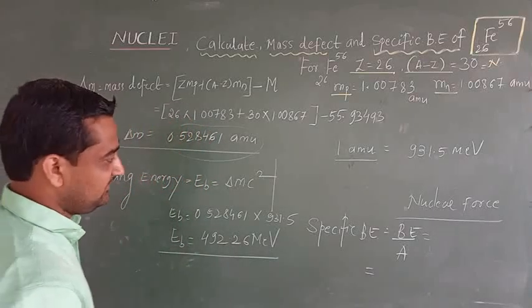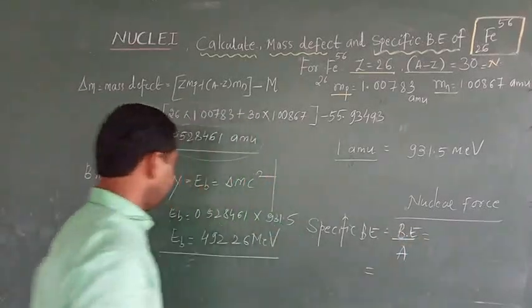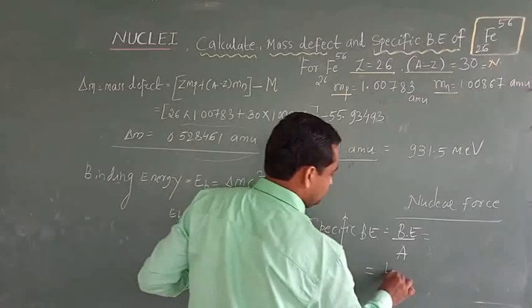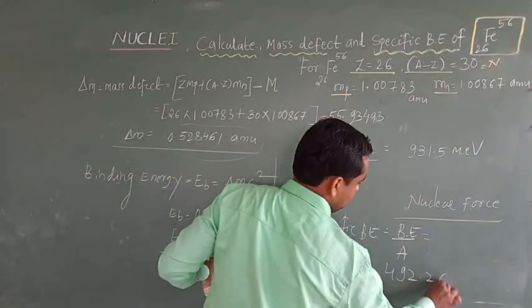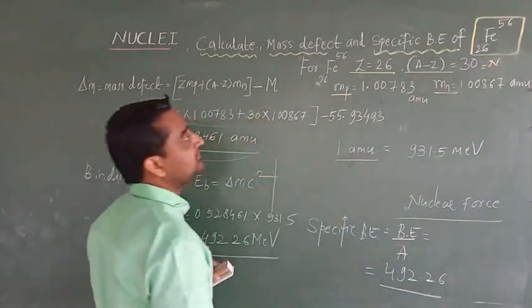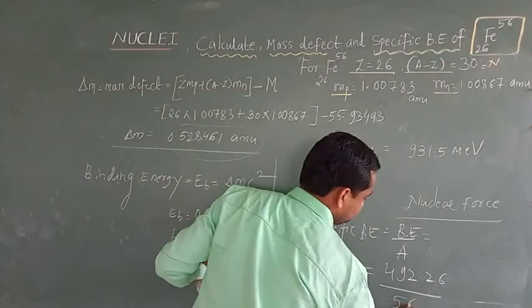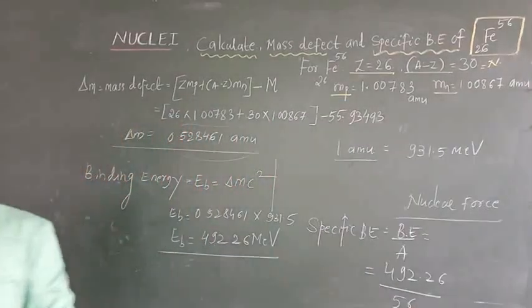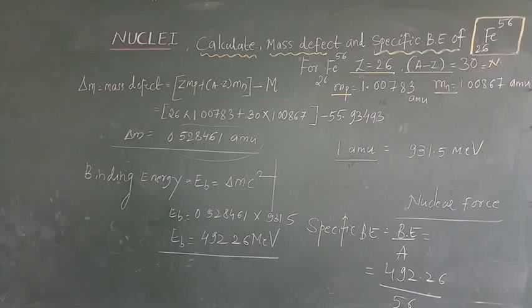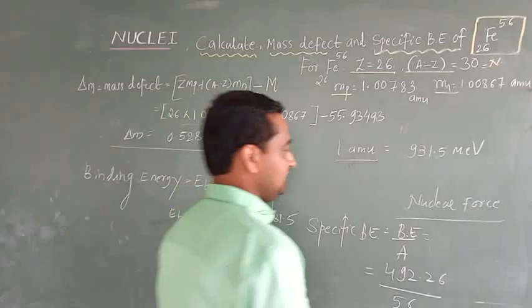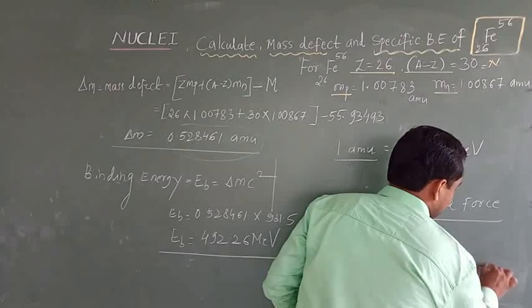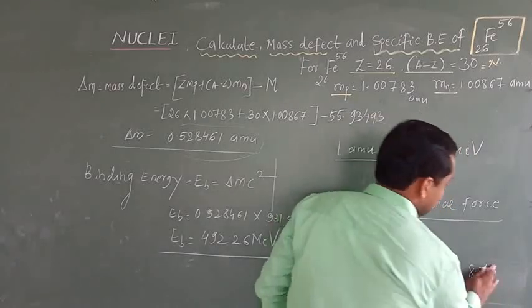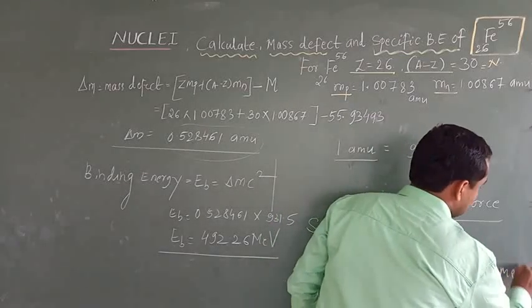So B divided by A. B is equal to 492.26. Atomic mass number of iron is 56. So 492.26 divided by 56 is equal to 8.79 mega electron volt.